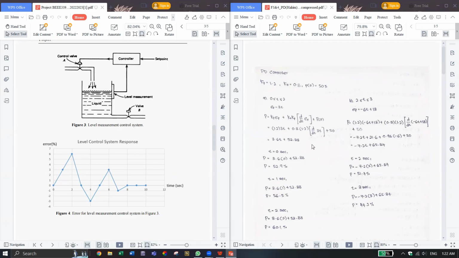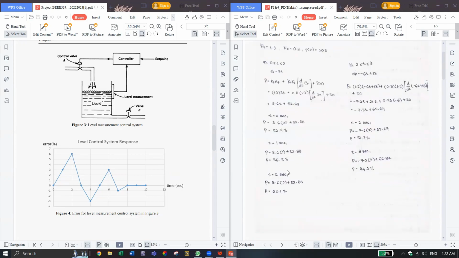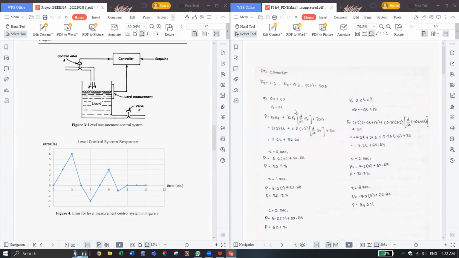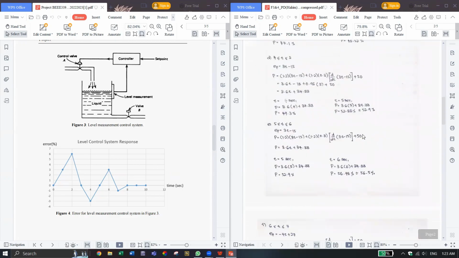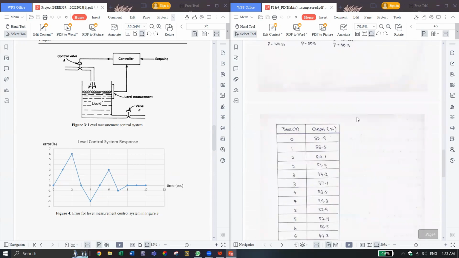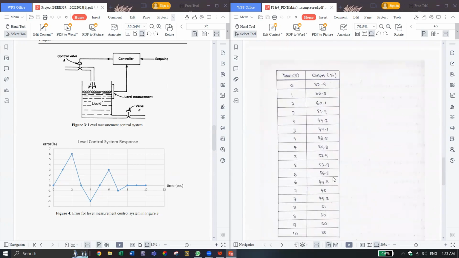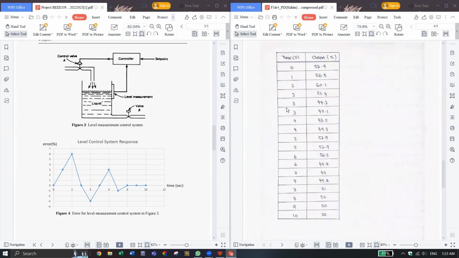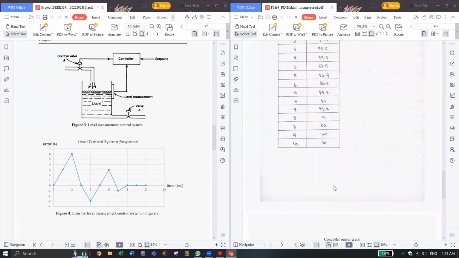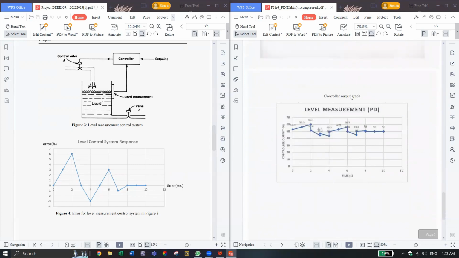So when we get all the values from 0 second to 10 seconds, we need to make a table of time in seconds from 0 to 10 and the output in percent. Okay, when we get the table, we need to make a graph, the controller output graph for the PD.